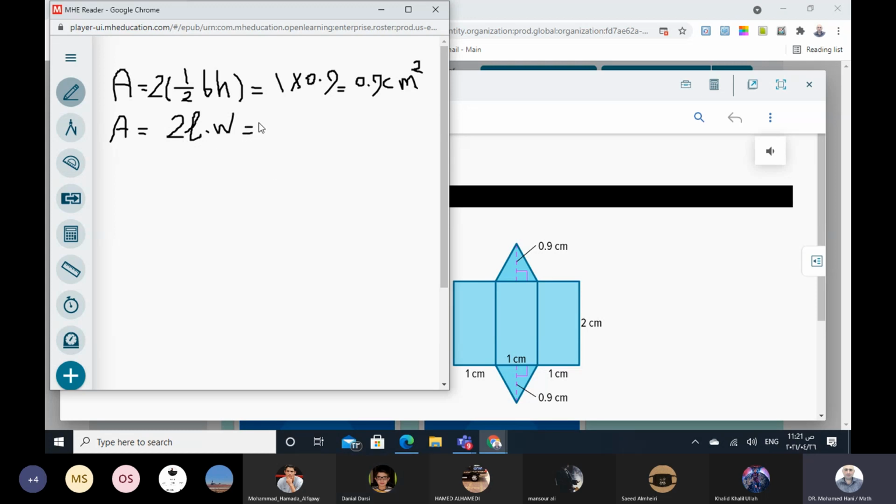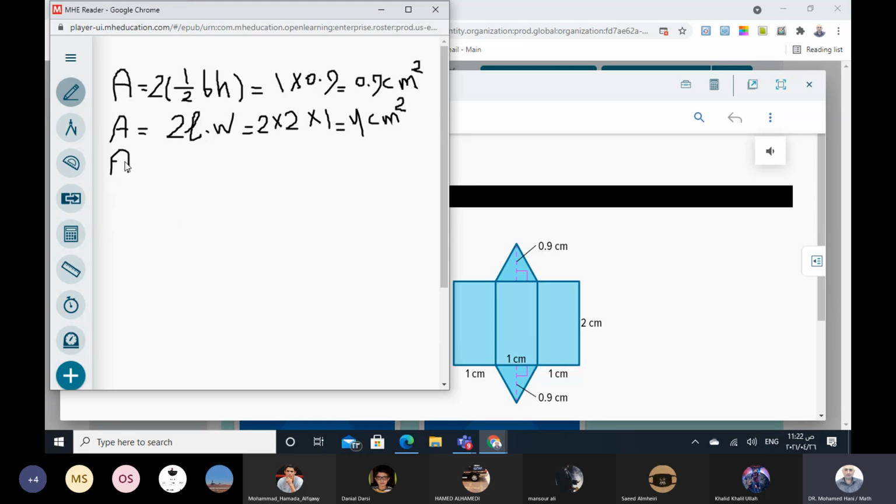So we can write here 2 times the length, which will be 2, times 1, and the width will be 1. 2 times 2, 4, times 1 will be 4 centimeters squared.